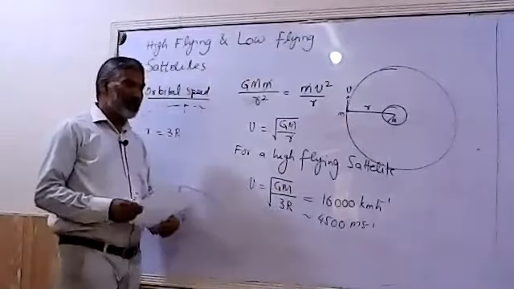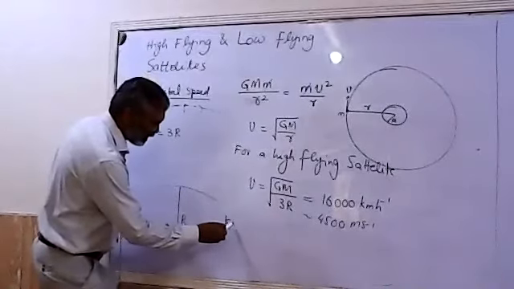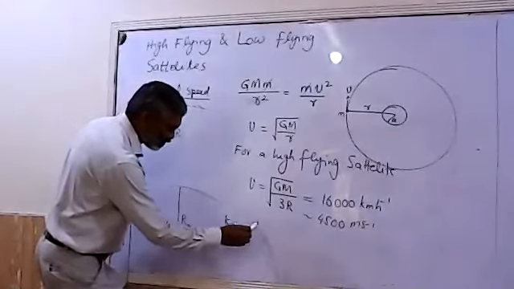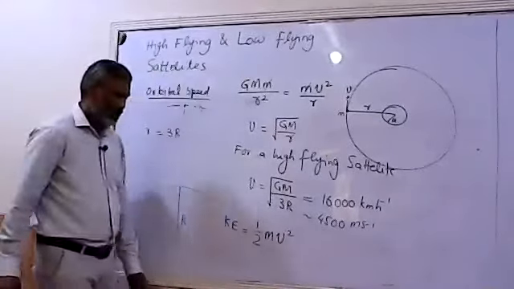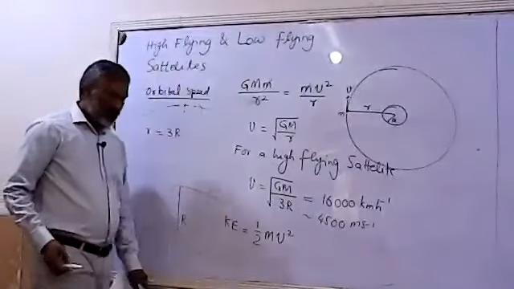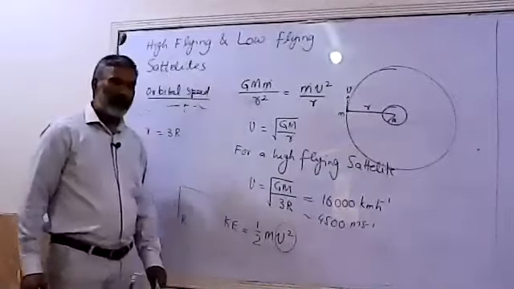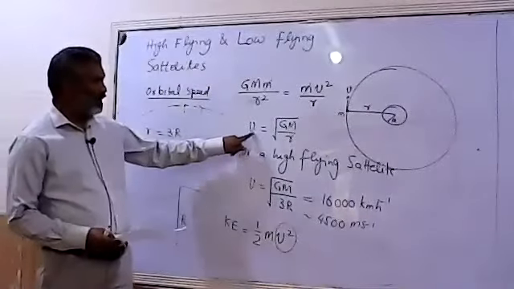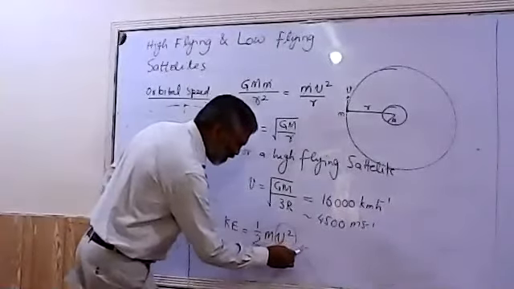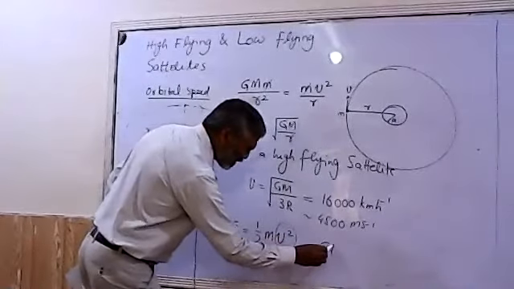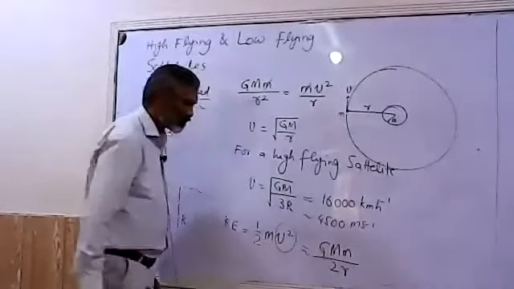Calculating kinetic energy is easier because we know kinetic energy is equal to half mv square, the standard expression for kinetic energy. And if we replace this v with this orbital speed, this expression simplifies to GMm over 2r.